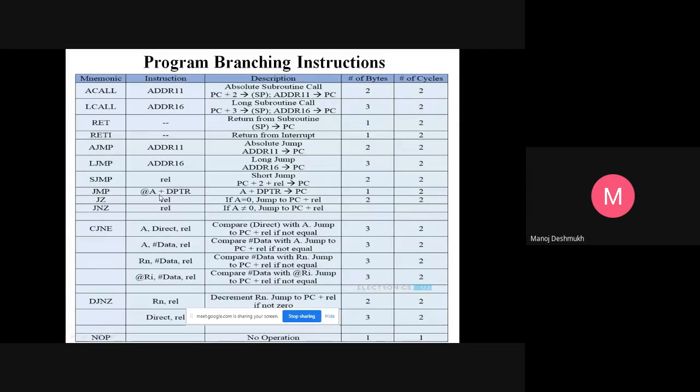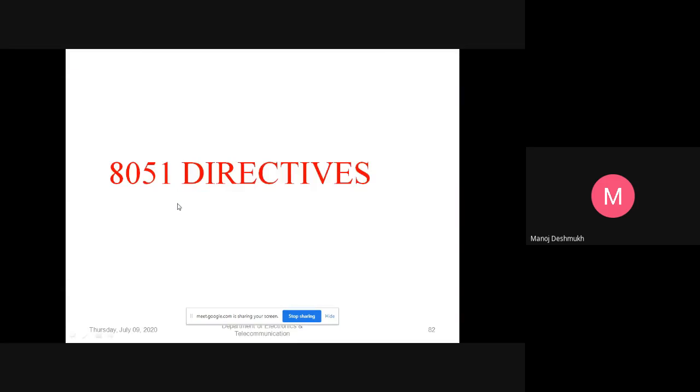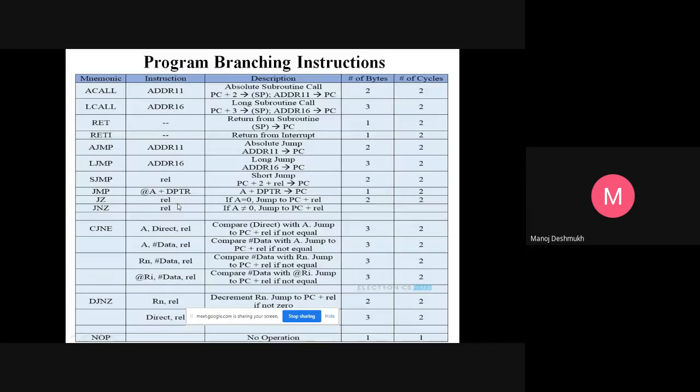Here A is your offset value, as we have already seen in the case of MOVC A, @A+DPTR. Similarly, if you want to simply jump to the memory location pointed by DPTR, or along with an offset value, you should make A equal to 0 before execution of this instruction, as we have already seen in addressing modes.